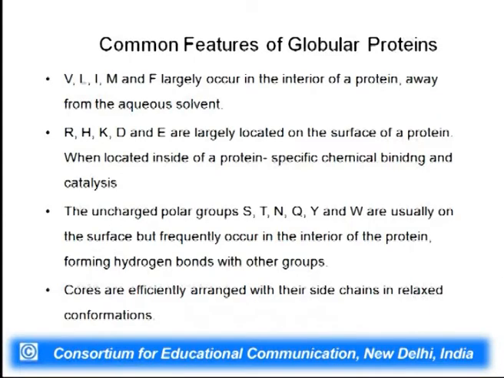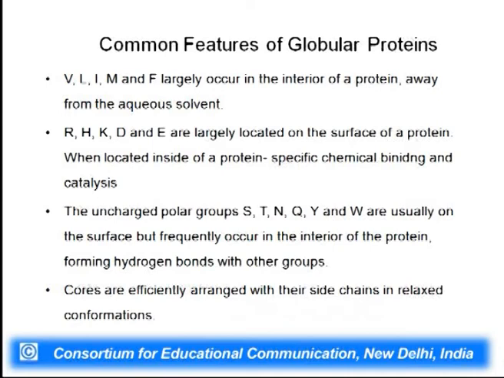So, some of the common features of these proteins we talked about was how some amino acids have tendency or propensity to be present on the surface because they can form good hydrogen bonds. So, amino acids which are having a tendency to form good hydrogen bonds, here we have arginine, histidine, and they are largely located on the surface of the protein, while those which have long chain aliphatic groups, think about those amino acids valine, leucine, isoleucine, methionine, will be present towards the core of the tertiary structure of the protein.